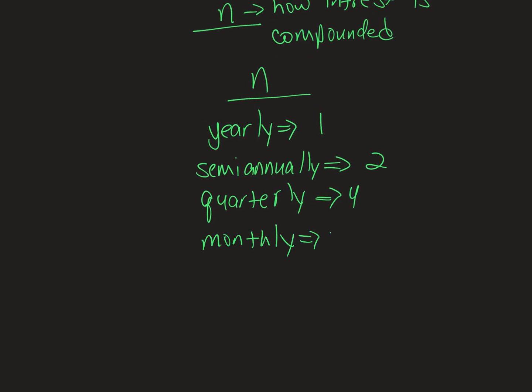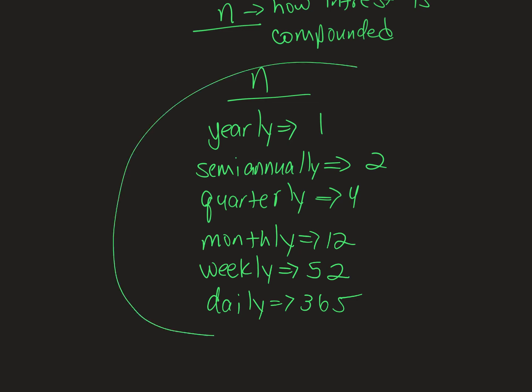Okay, the number you would use is 12. What about if I said weekly? 52. There's 52 weeks in a year. And then what about if I said daily? 365.